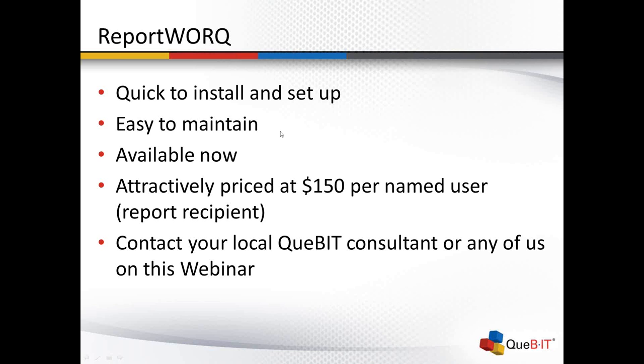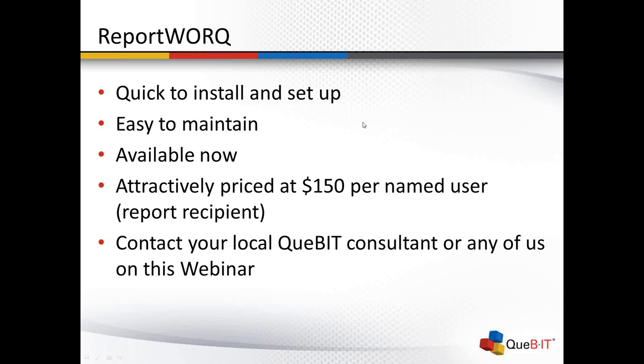The thing about ReportWorks is, as you see, it's pretty easy to use. It's very quick to install and set up. This isn't something that's going to take a lot of time or effort. It's easy to maintain. It's available now. We've got a number of clients who've beta tested it, and it's in production at a number of clients.